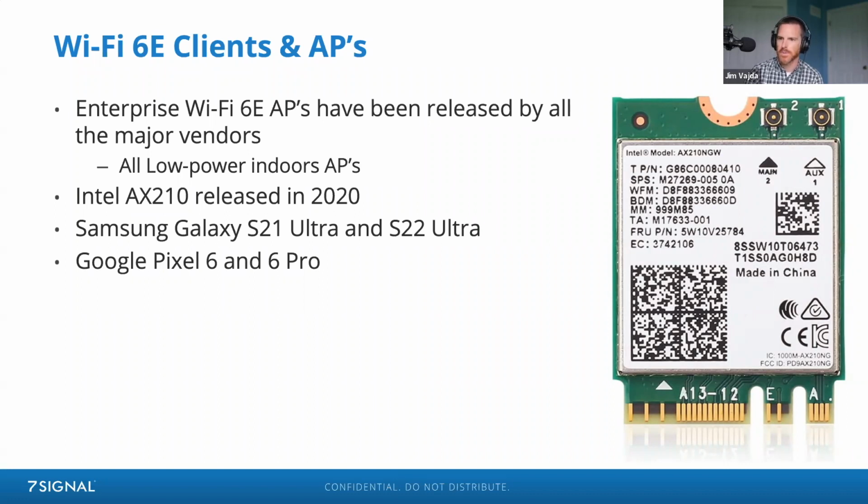So those aren't typical enterprise clients, but they certainly will show up in guest networks if you operate a public network for visitors in your enterprise. And many more, actually. If you look at the Wi-Fi Alliance's website to see the 6E certified clients, you'll see quite a few more there as well.